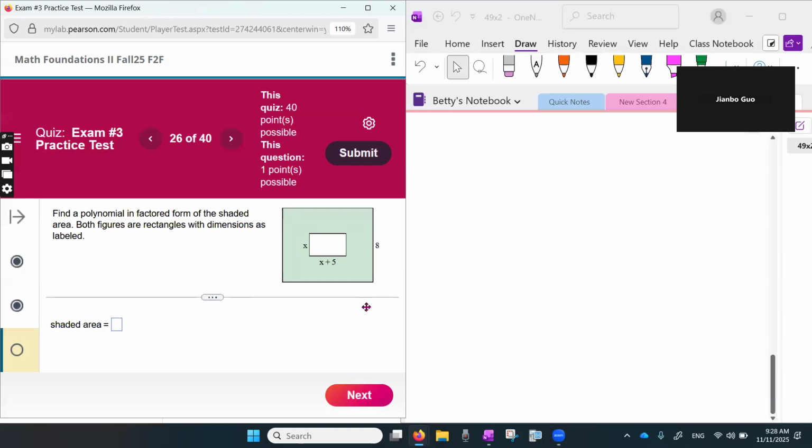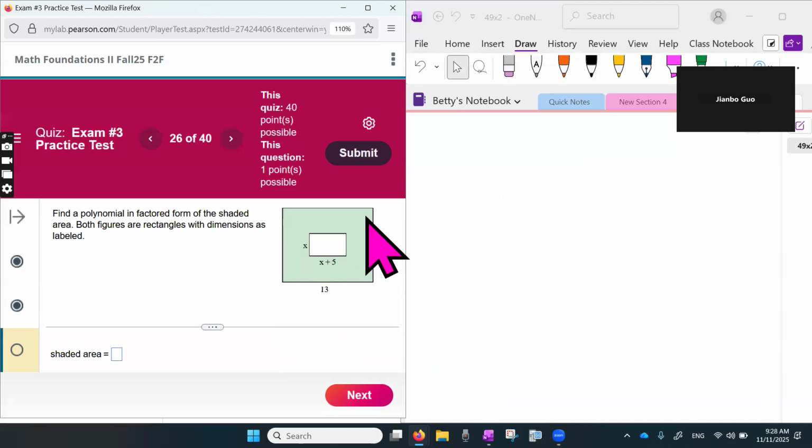Next, question number 26. Okay, so we have this shape, right? A figure. We want to find the area of the shaded region. Read the question: find a polynomial in factored form of the shaded area. Both figures are rectangles with the dimensions as labeled. So the area of the shaded region is the area of the bigger rectangle minus the area of the smaller rectangle.